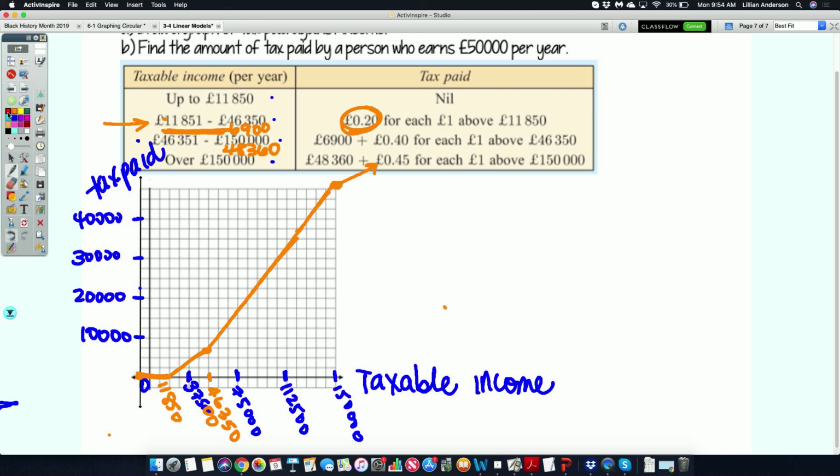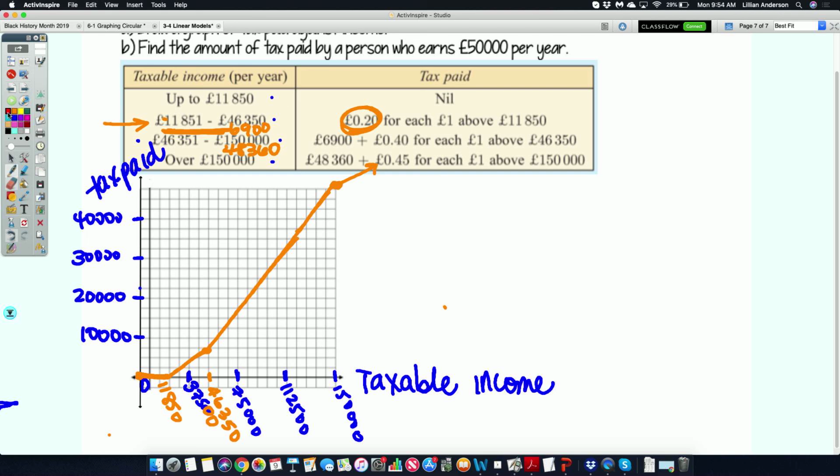Now we're asked to find the amount of tax paid by a person who earns 50,000 pounds per year. Now because you created this graph yourself, you use your graph, because we do not have an equation here, to estimate how much taxes a person paid when they earned 50,000 pounds in a year. So we need to go to 50,000 on our which axis?